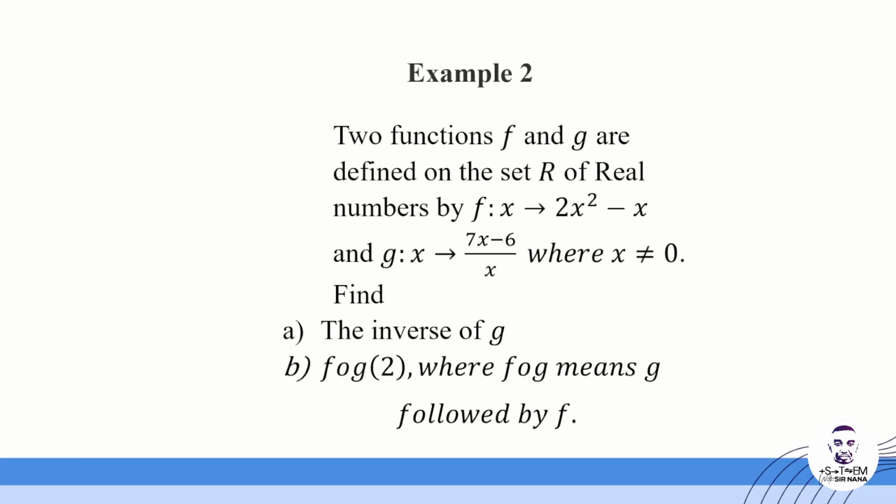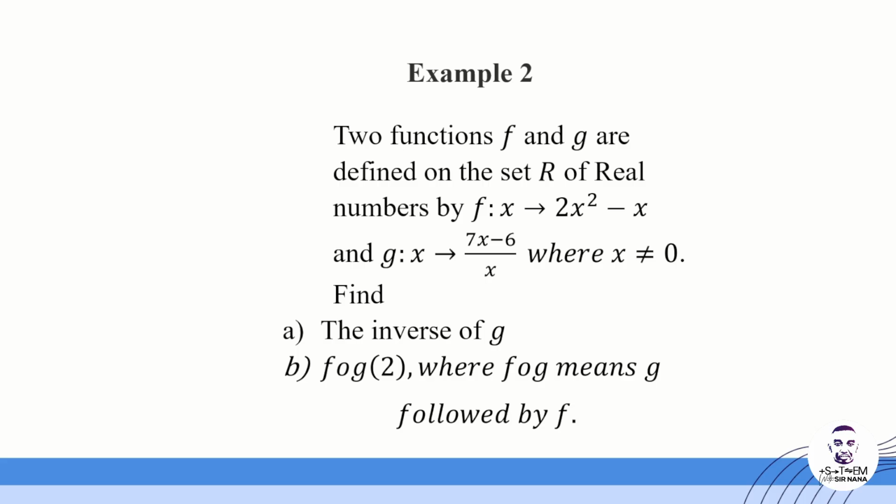The question says that two functions f and g are defined on the set R of real numbers by f of x equals 2x squared minus x, and g of x equals 7x minus 6 all over x, where x is not equal to 0.